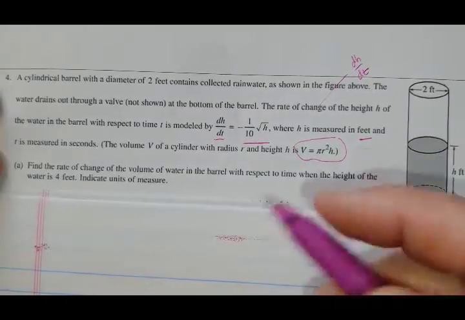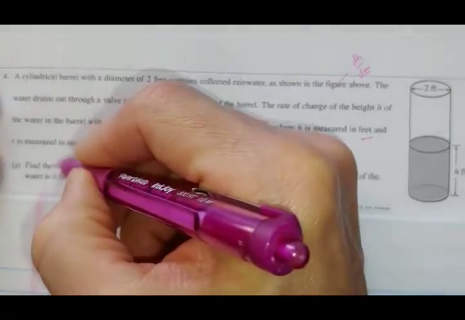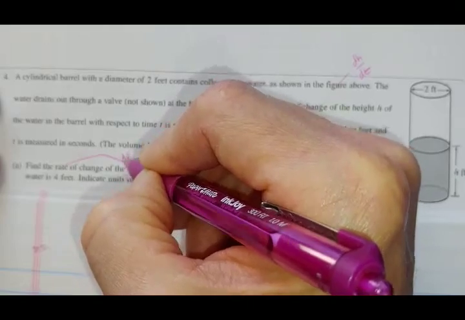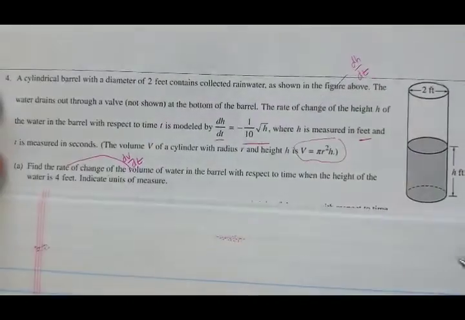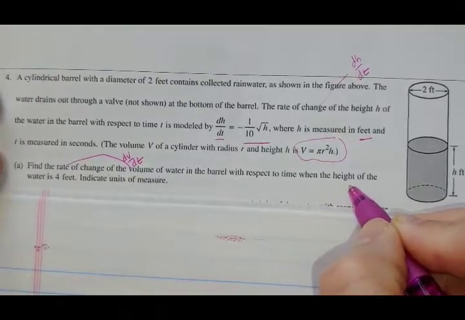And so letter A: find the rate of change of volume. So let's translate that. Remember, we're looking for a volume rate, so we want dV/dt when the height is 4 feet.